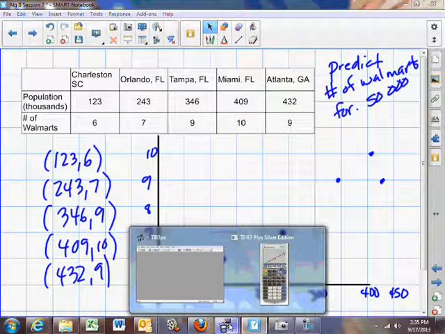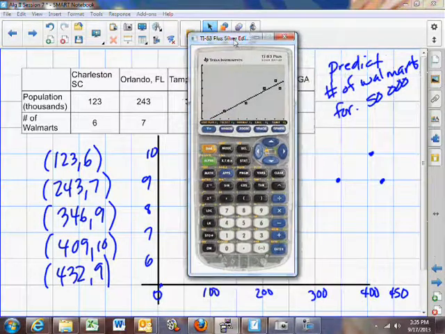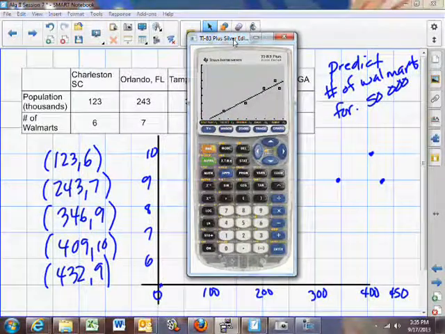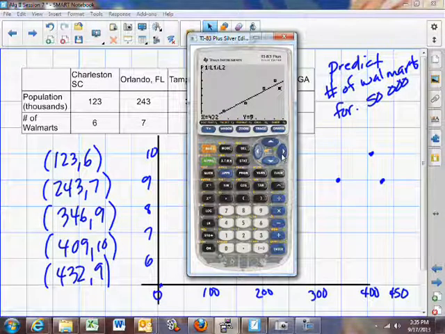Okay, now, if we go back to the calculator and look at this graph here, we can press the trace button. What trace does is it puts you on the dot plots. If you press the right arrow, notice that the little blinker is jumping from dot to dot. Now, we really want the blinker to be on the line.